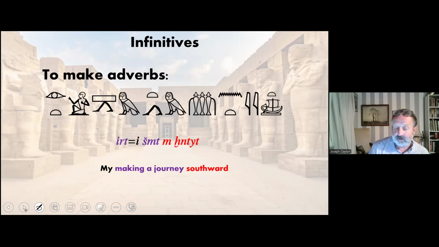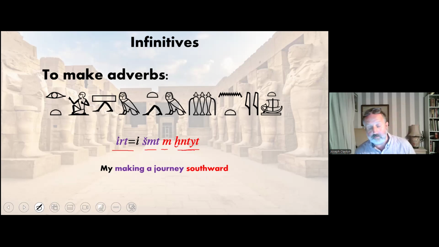So literally my doing a journey, or my making a going. The best way to do that is a journey, henti, consisting of going south. So we've got two infinitives here: this one is an infinitive used as a noun, and then we've got henti, which is used as an adverb there.